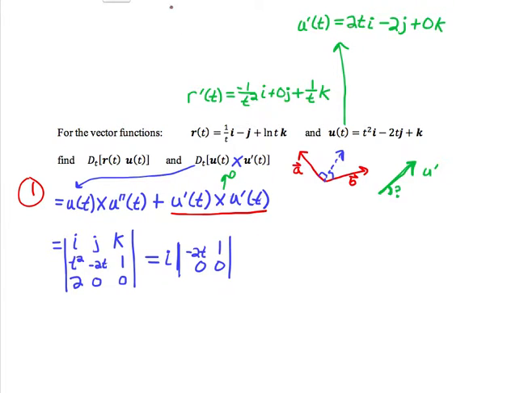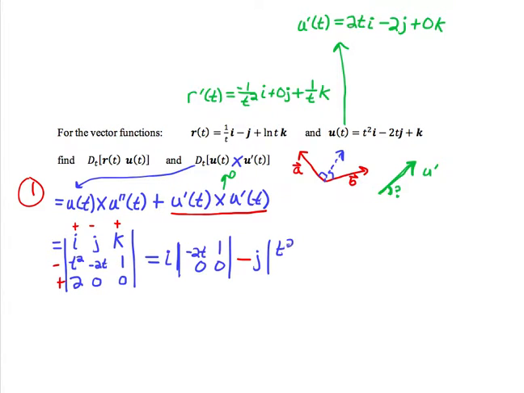Remember, it's always going to be minus here because you want to imagine that this is like a determinant from Algebra 2 where you have hiding ones behind there that alternate, plus, minus, plus, etc. Those are called the cofactors, but we'll leave that for another class. You just need to remember for cross product calculations that you're always going to have a minus for this middle thing. So you're going to have minus j, and then if you cross these guys out, you're going to have t squared, 1, 2, and 0 left.